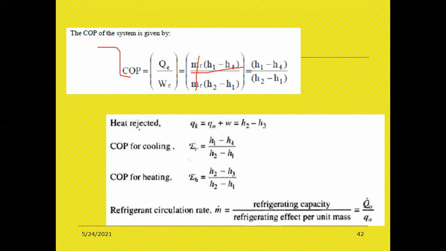Therefore, the heat rejection is QC equals QE plus W, that is equal to H2 minus H3. COP for cooling is (H1 minus H4) divided by (H2 minus H1). COP for heating is (H2 minus H3) divided by (H2 minus H1). Therefore, the refrigerant circulation rate m is equal to refrigerating capacity divided by refrigeration effect, that is QE divided by (H1 minus H4).